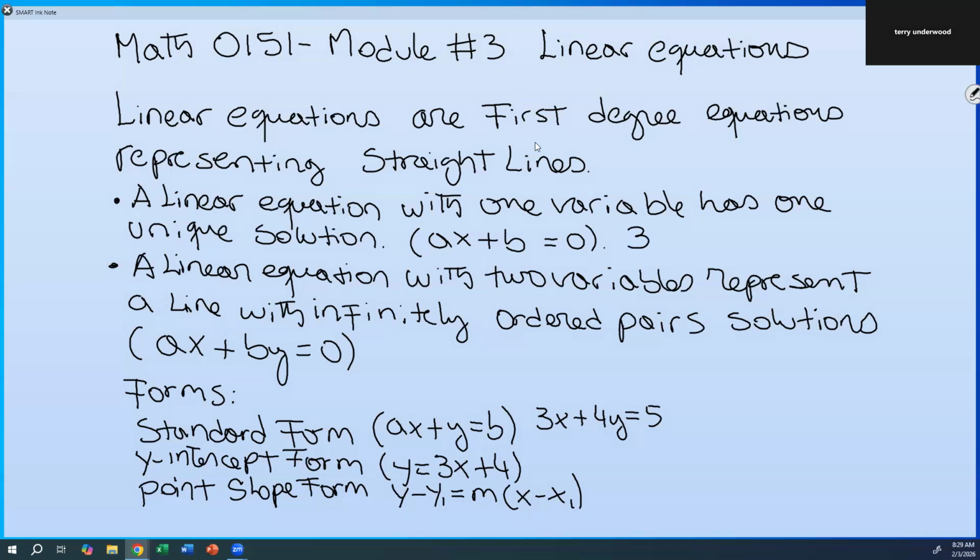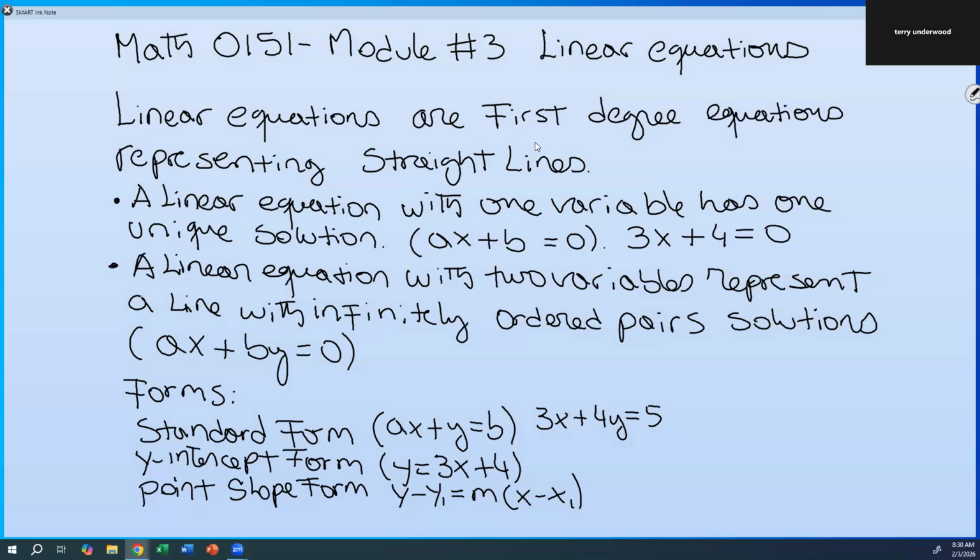Then you have a variable. We already learned about variables and terms in the first lesson. When I send you the video, you can go back if you want to refresh that. The variable could be any letter of the alphabet, 3x. And b is a real number too, plus 4 equals 0.